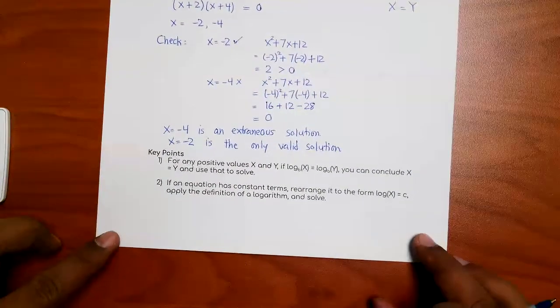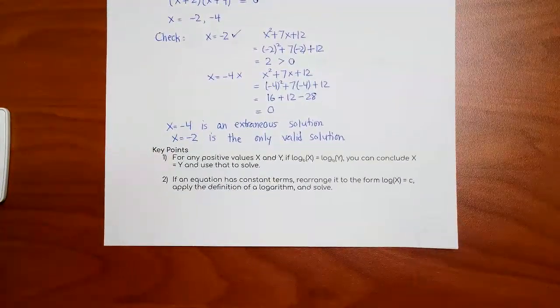Now let's go over a couple of key points. The first point states that for any positive values of x and y, if log base b of x is equal to log base b of y, then you can conclude x is equal to y and use that to solve. That's pretty much what you saw we did in this problem.